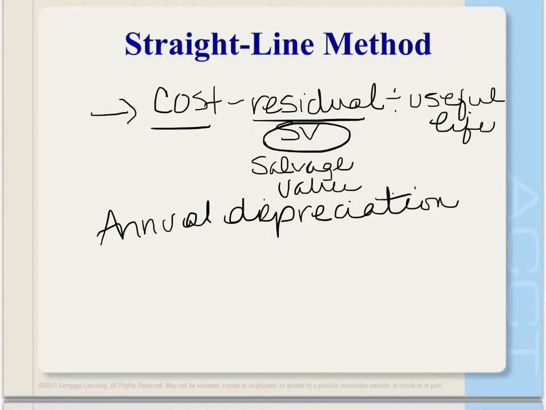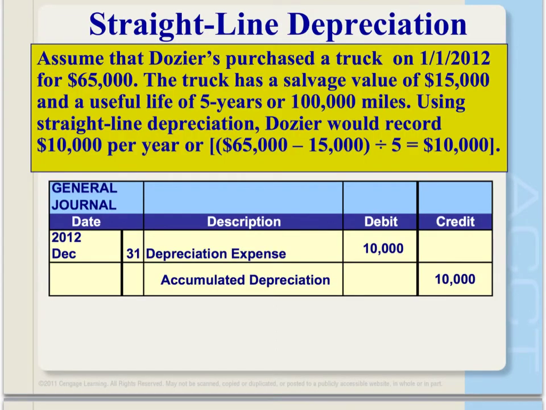All right, so let's take a look at a problem on the next slide. It says, assume that Dozers purchased a truck on 1/1/2012 for $65,000.